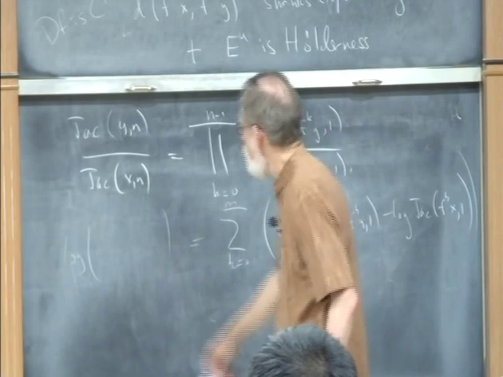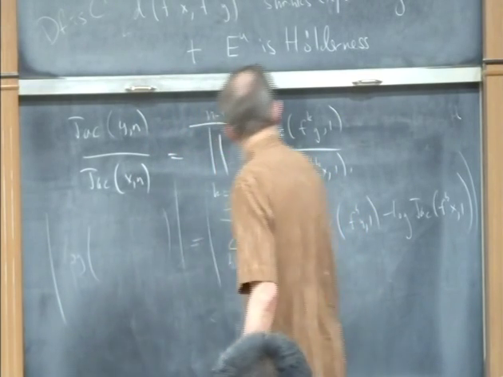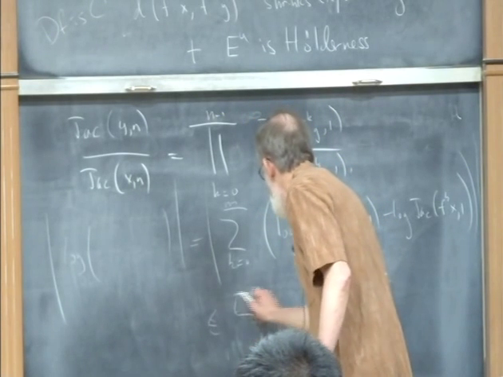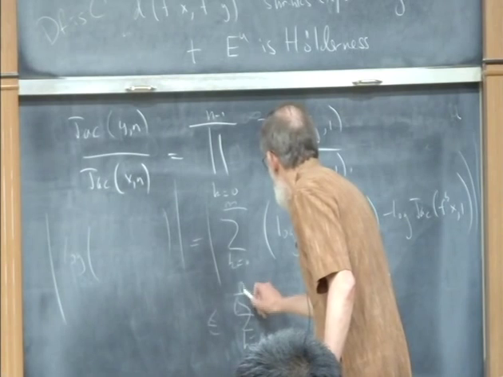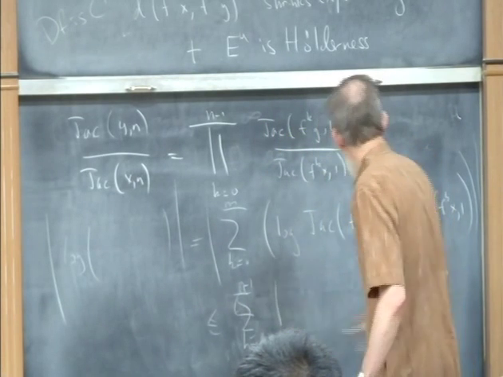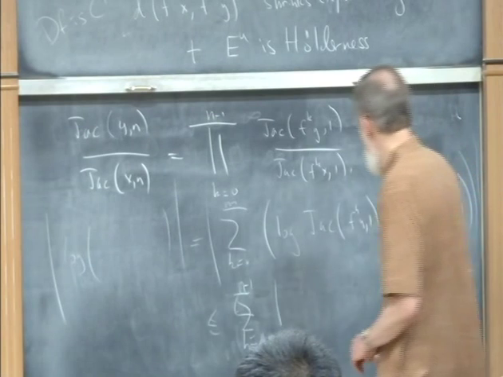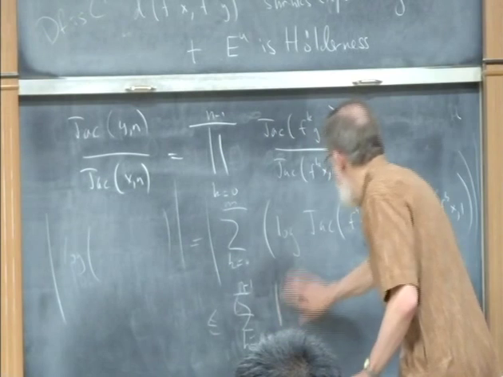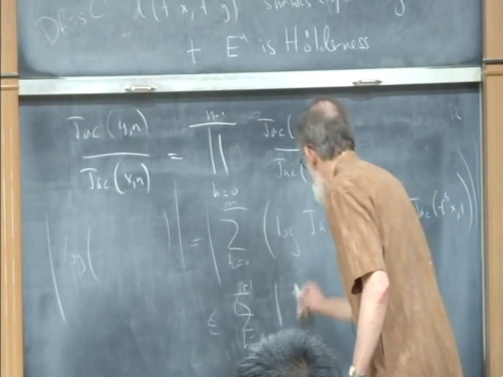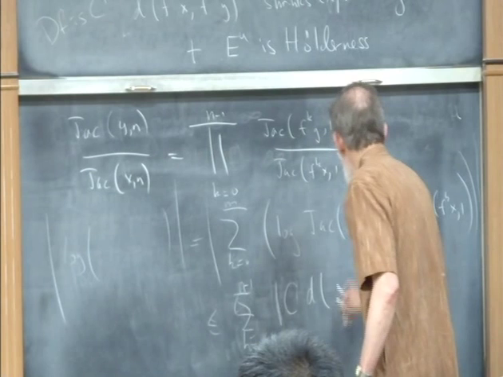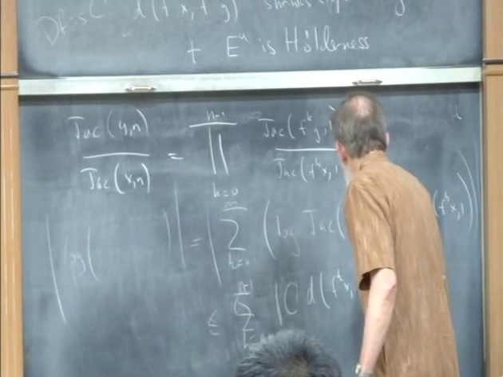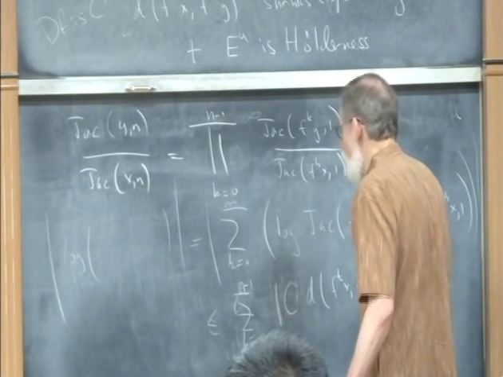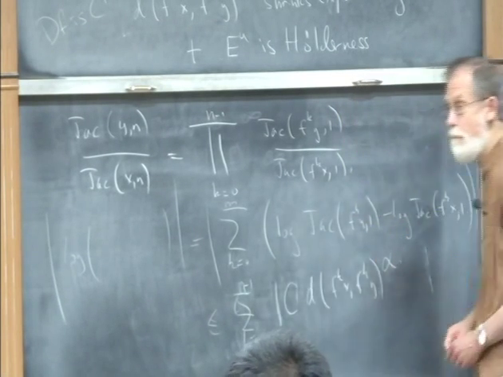So if I take the absolute value, I get that this is less than or equal to a sum of absolute values of those things. And each absolute value is less than or equal to some constant times the distance from f^k of x to f^k of y to some power, say alpha.